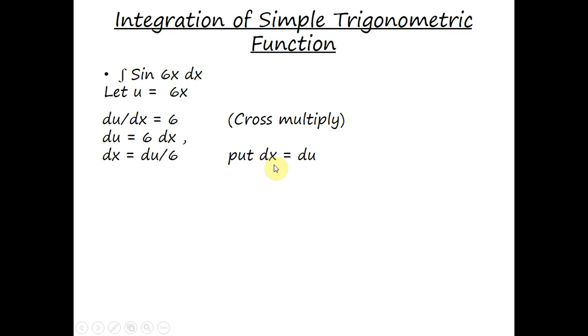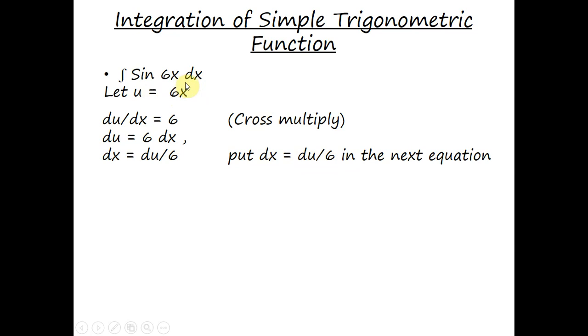So we put dx equal to du all over 6 in the equation, replacing dx wherever we see it, because we have made dx the subject of the formula. The whole game here is that, since we have declared u to be 6x, we also want to eliminate anything that has to do with x in this expression.